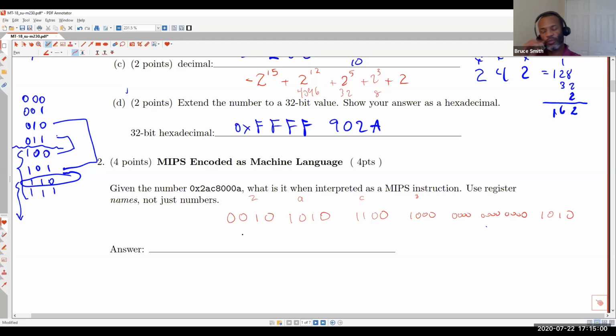It's kind of easy to remember the R format instructions because it bookends the left far end and the right far end with 6 and 6, and then 5, 5, 5, 5 in between. So the 6 bits, 1, 2, 3, 4, 5, 6, and then 1, 2, 3, 4, 5, 6. I now know what the opcode is. Looks like the opcode is a 10.